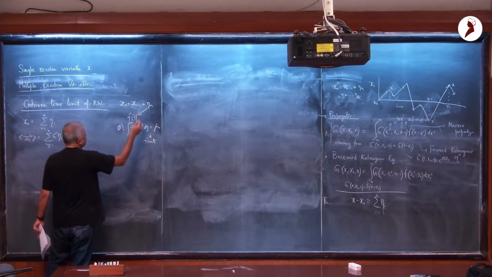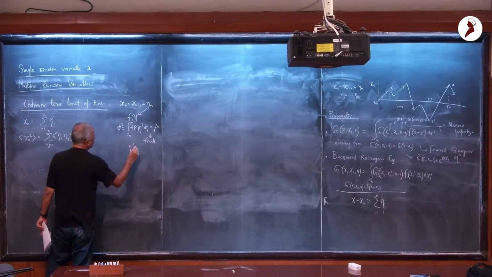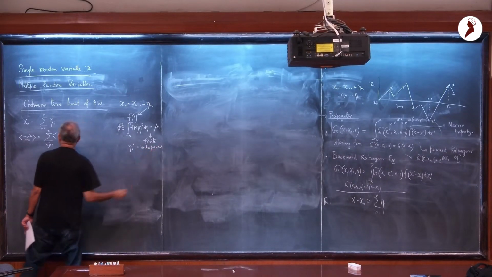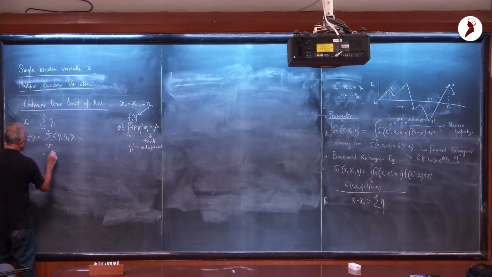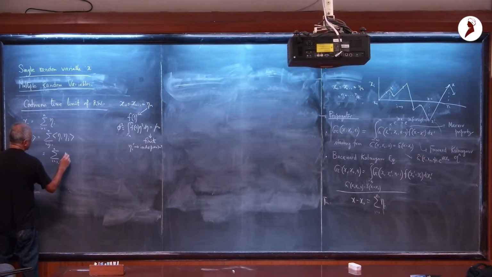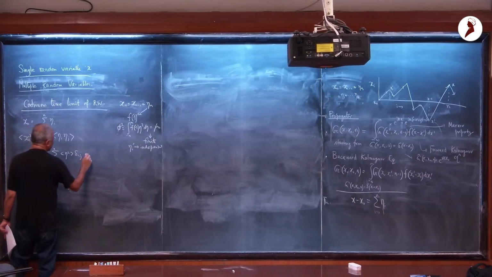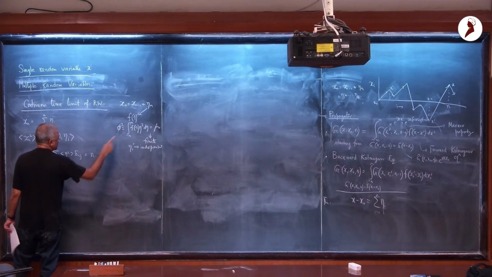So this is just the average of eta squared times the delta function of i comma j. When i is not equal to j, this is 0. So this becomes just n times the average of eta squared, which is sigma squared.